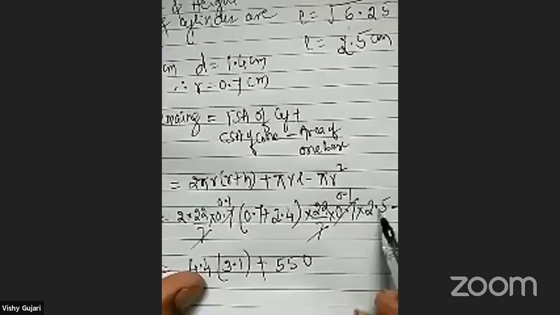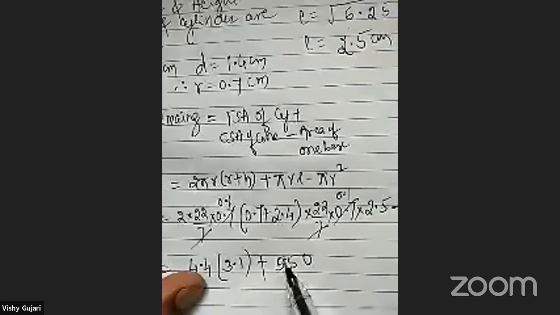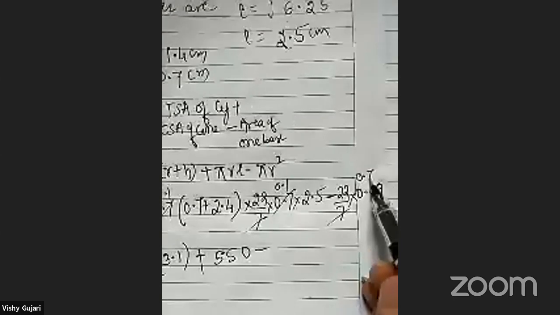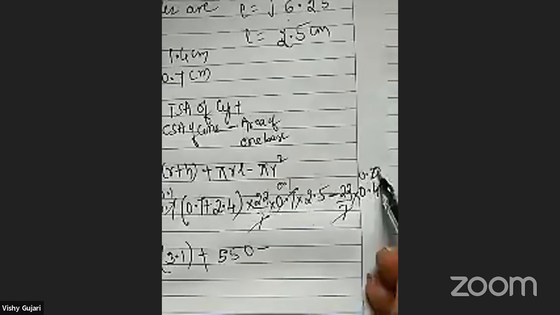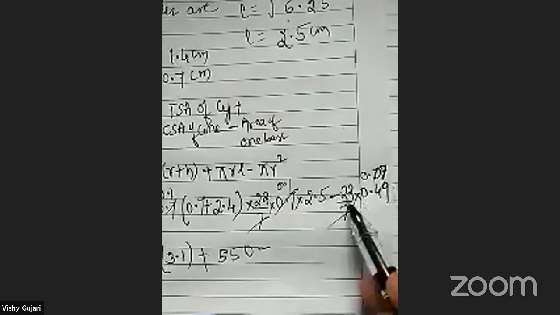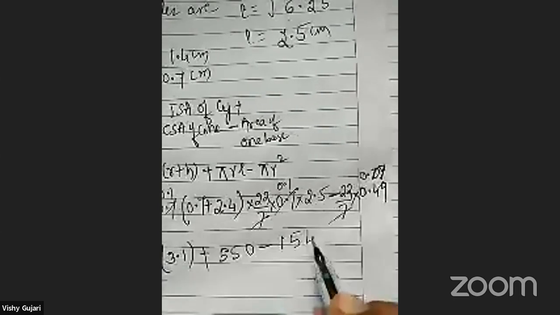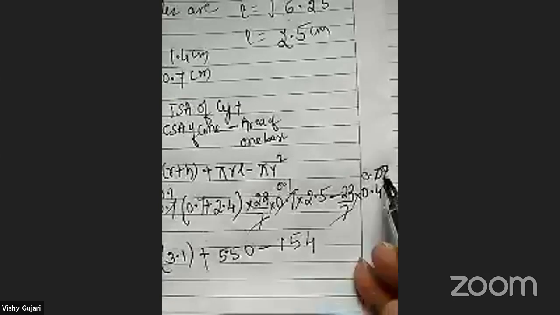After 2 digits you put the point. Minus 22 by 7 into 0.49: 7 sevens are 49, 22 into 7 is 154. After 2 digits you put the point.